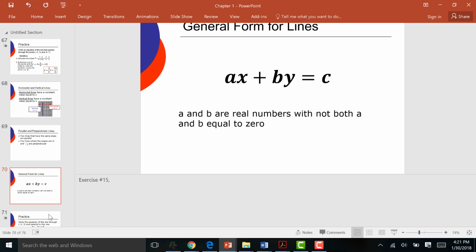When it's in general or standard form, the x and the y will be on the same side of the equal sign. Now, we walked through how to get y by itself, so if you see it like this, you have to do the work to get y by itself, just like we did on the previous slides. This is just to make sure you understood what the form looks like.